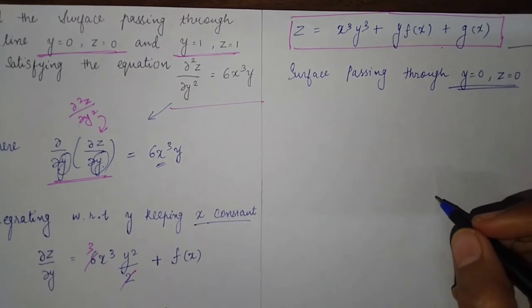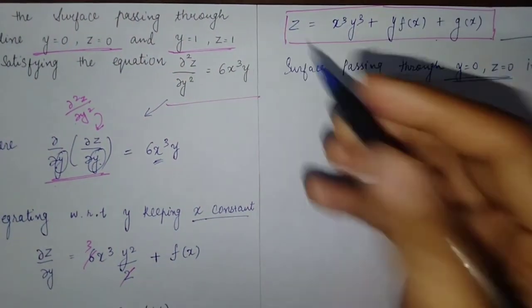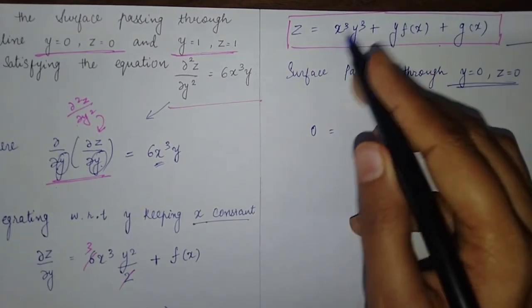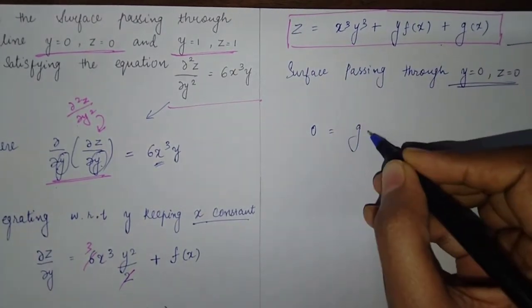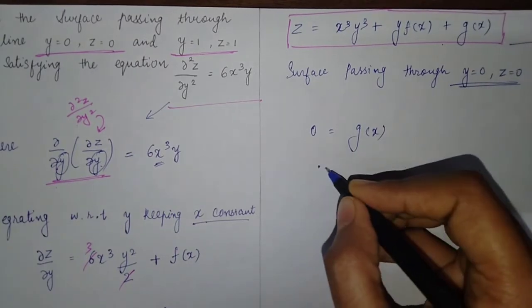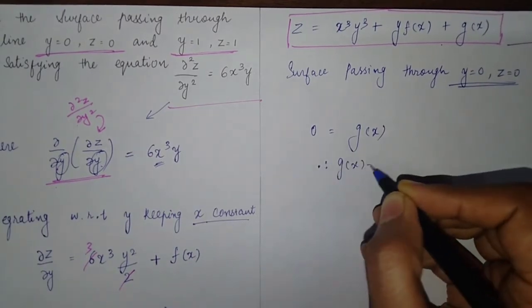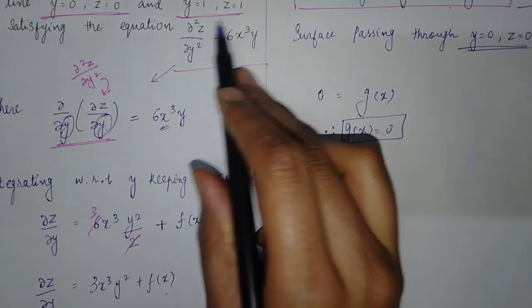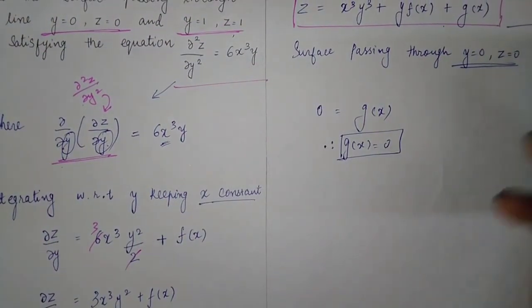So we will get, if you put z equal to 0, then it will be 0. And here also this term will be 0, 0. And here we will get g of x. So we will get g of x equal to 0. Now we will put y equal to 1 and z equal to 1 in equation 1.